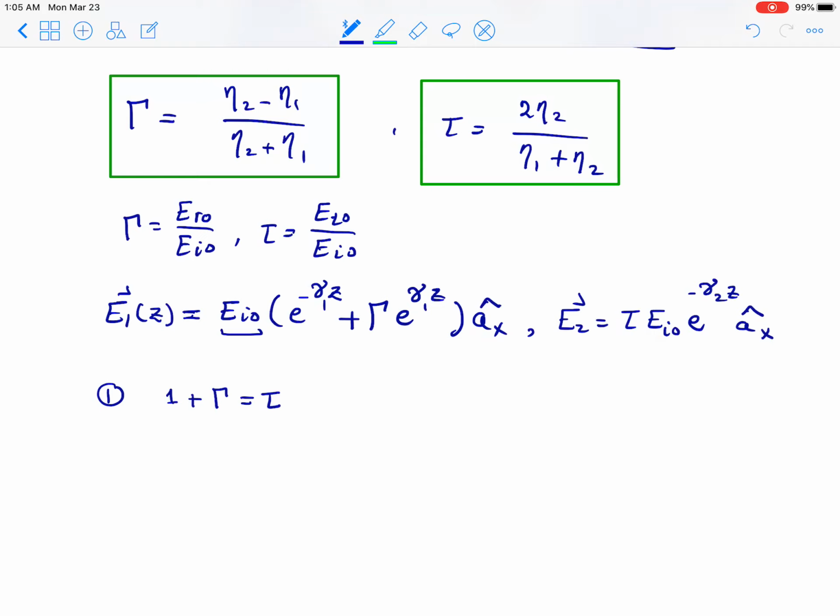At z equals 0, we have 1 plus gamma equals the electric field at medium 2, which is tau. The second one is that those are coefficients, so they are dimensionless.